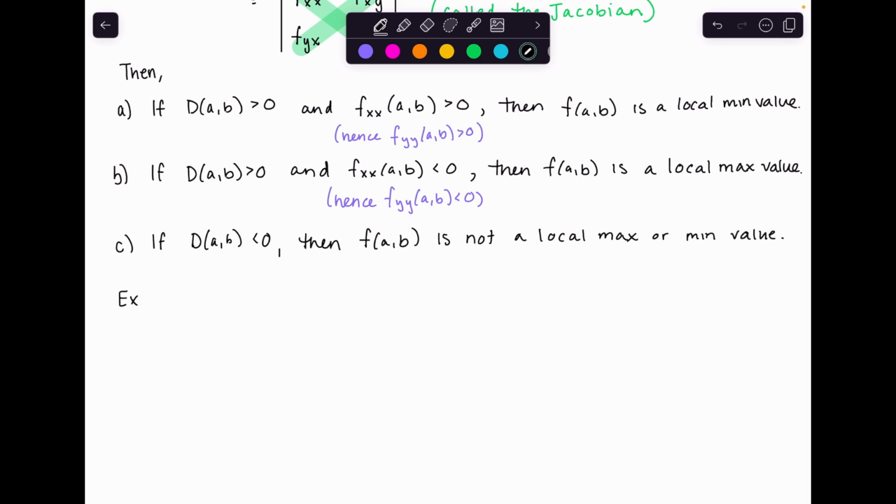So the example we're going to begin with is we're going to let f of xy equal y squared minus x squared. So if you remember graphing this function, that had that saddle shape to it. Okay. With this being our function, we're going to determine if f has local max or min values.